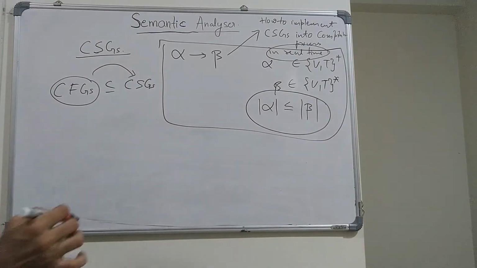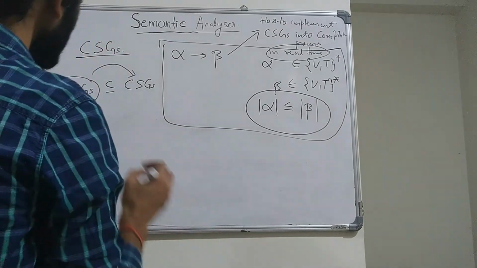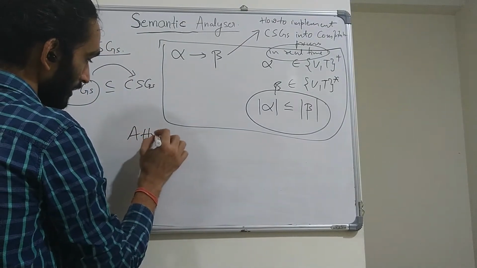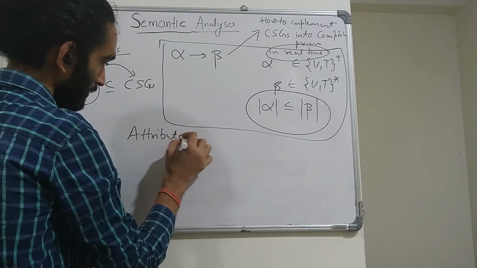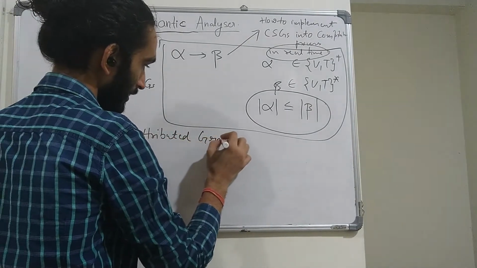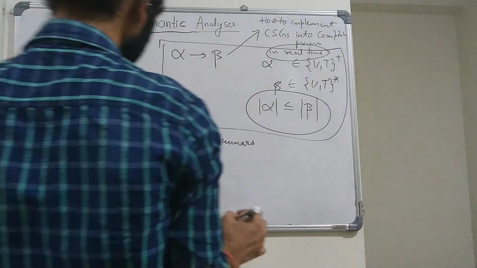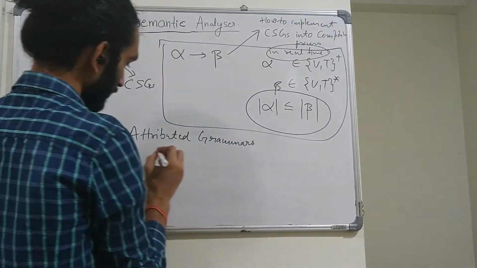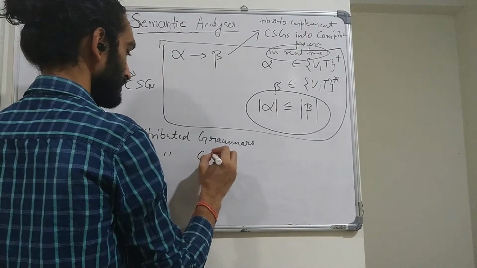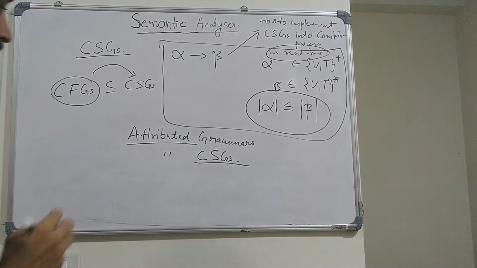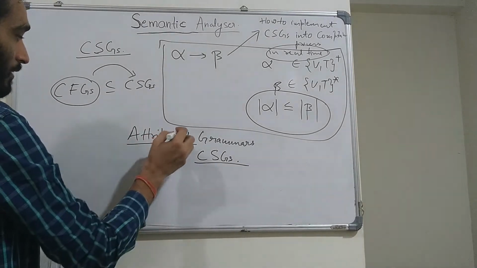So the kind of CSGs we use is attributed grammar, or we can say attributed CSGs. What does attributed mean?